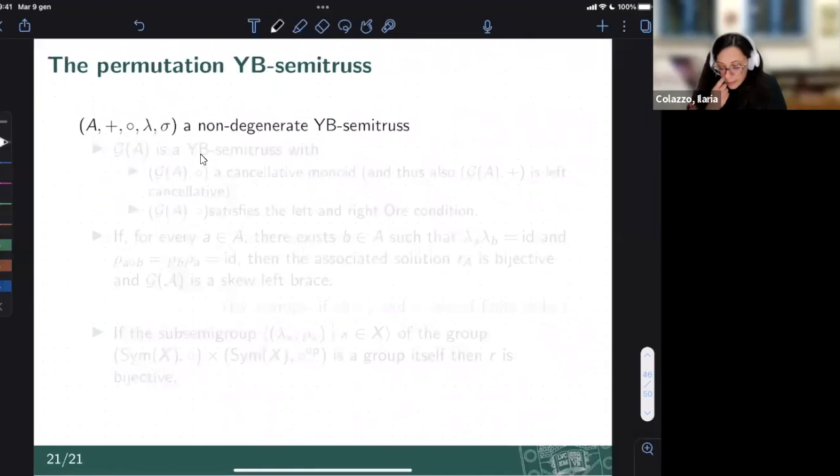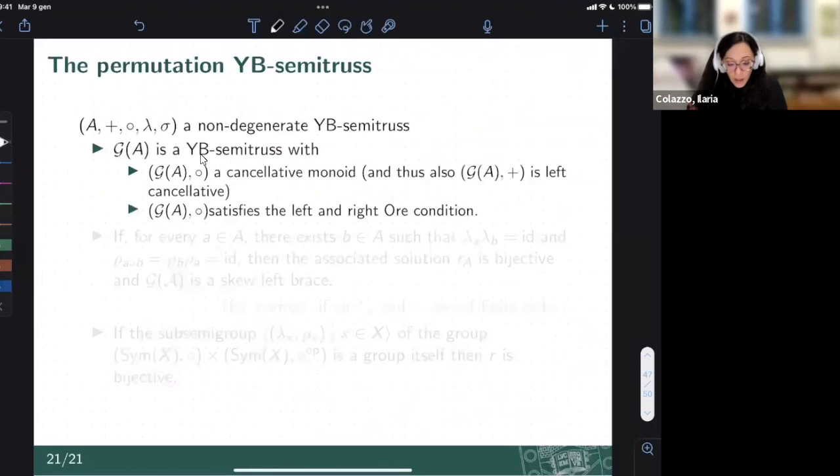So in this case, if we have a non-degenerate YB semi-truss, we can slightly generalize the correspondence between being bijective and being right non-degenerate. We have that G(A) is a YB semi-truss. The multiplicative structure of this semi-truss is a cancellative monoid, and it satisfies the left and right order condition.